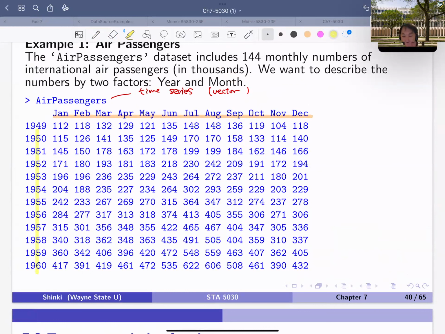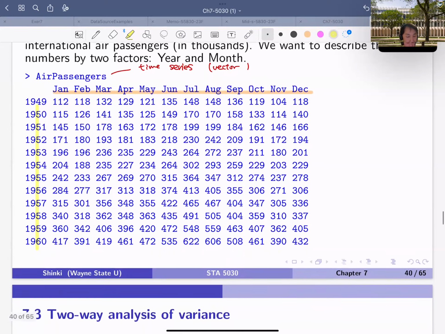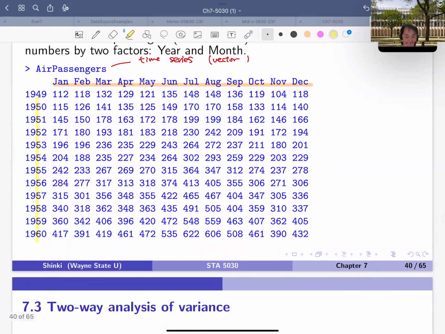Different years have different levels of air passengers, maybe some increasing trend, but not necessarily just a linear trend. For some specific years, we may have a larger number of passengers. Maybe in the year of Olympics the level is higher, or some specific events make the numbers larger or smaller.